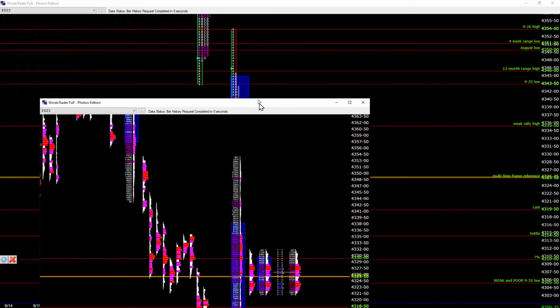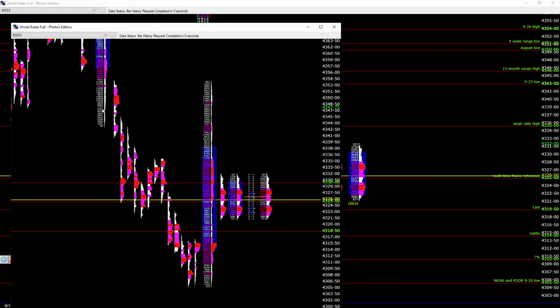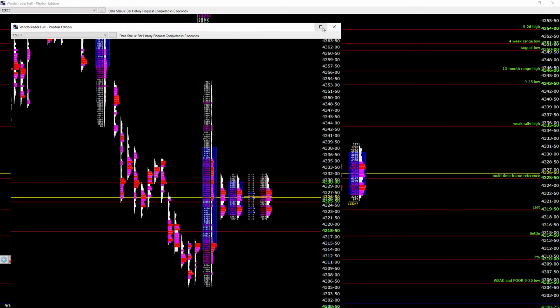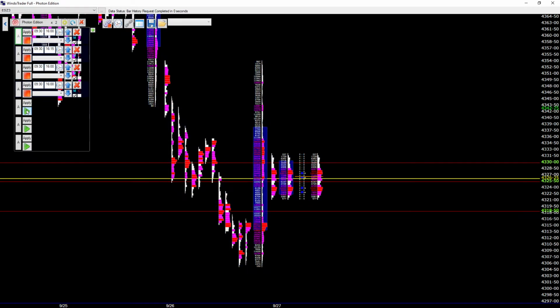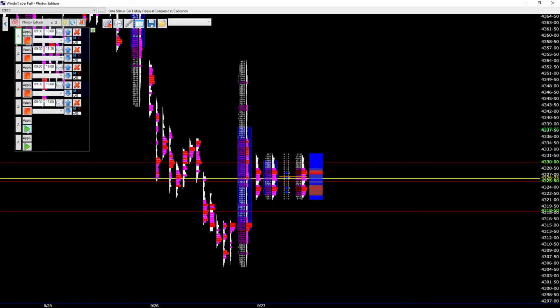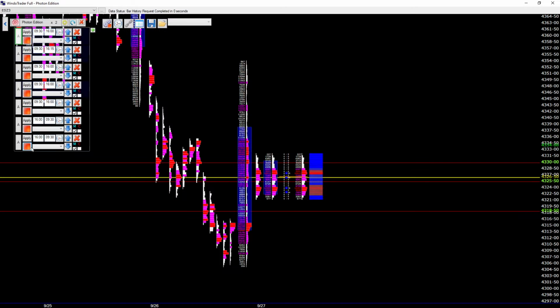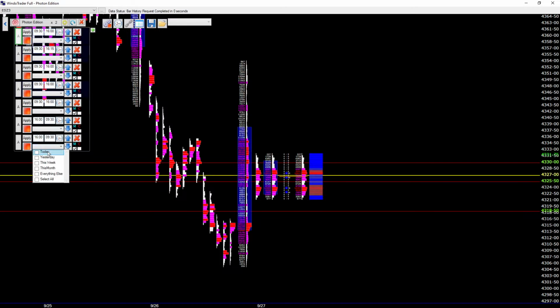Day after day I'm trying to get rid of these things, of these charts. I had way more things before. Now you can see I don't have them. I keep removing one thing at a time.